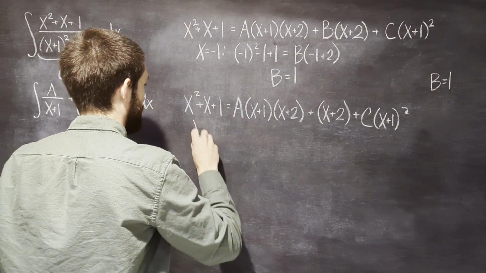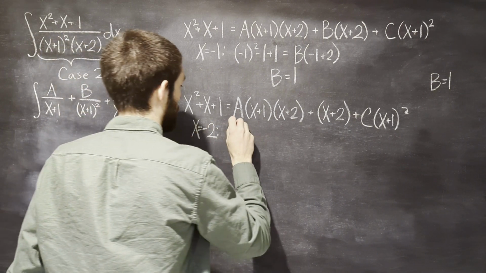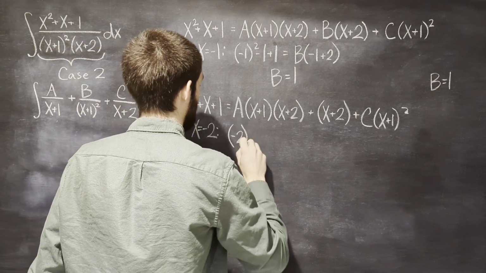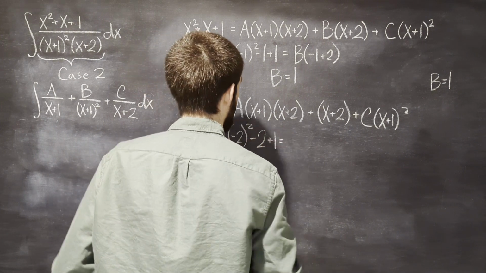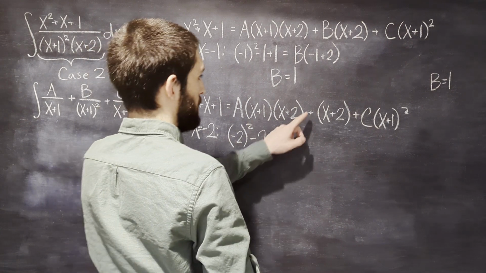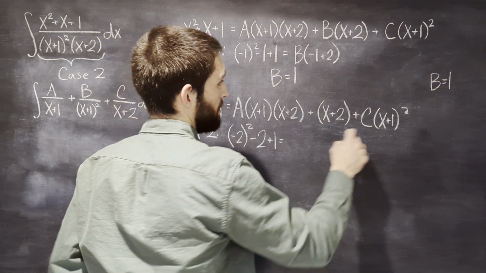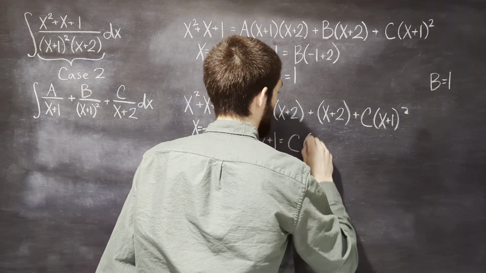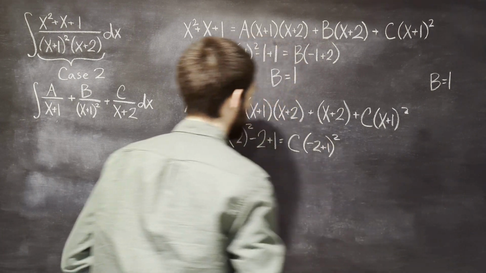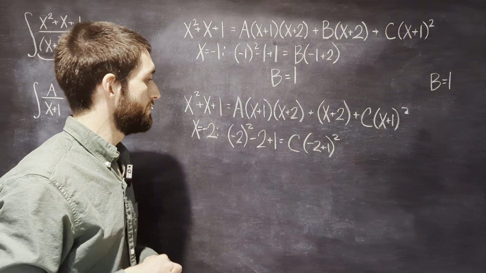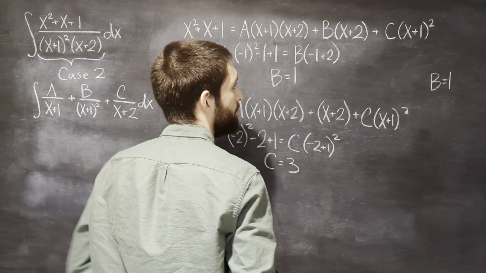So let's try that. If x equals -2, then on the left we have (-2)² - 2 + 1, and on the right we have 0 + 0, because this is another -2 + 2, plus c times (-2 + 1)². And we can just solve for c. That will give us c equals 3.